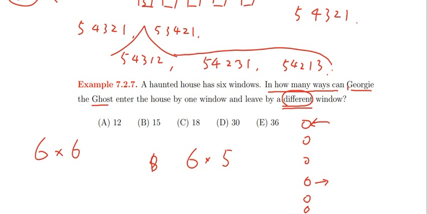Okay, so here the answer is different. Into the house, the ghost has 6 ways, but leaving has only 5 ways. So together, 6 multiplied by 5 ways.